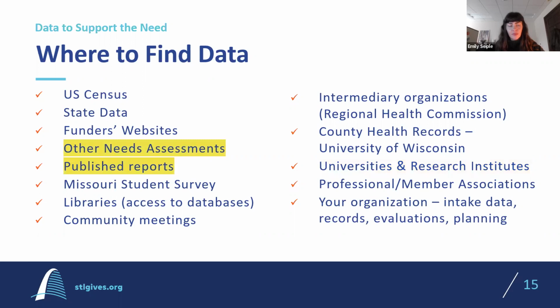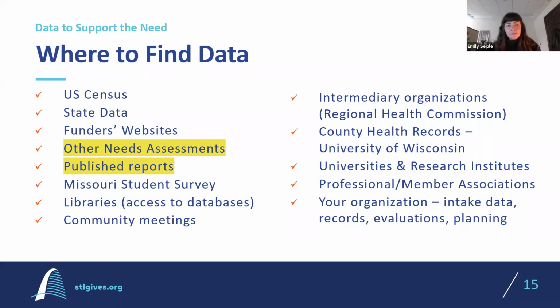And then going back to that rabbit trail idea, you can see other organizations' needs assessments or their reports, whether or not their findings directly align with the mission of your organization. Sometimes a piece of it gives you context because all of you are working in spaces where the needs are complex and they overlap. It's not always easy to pull all the issues apart.